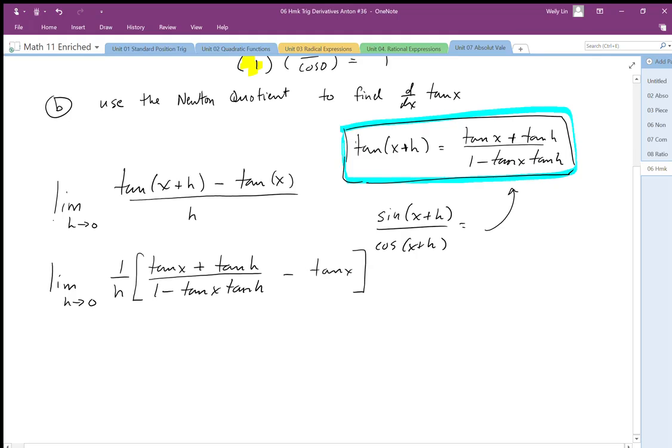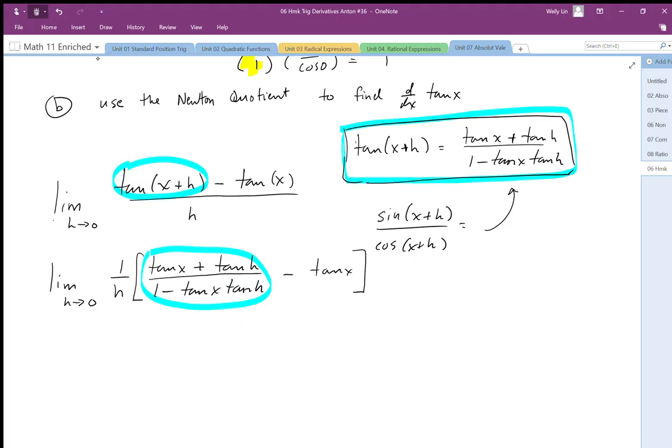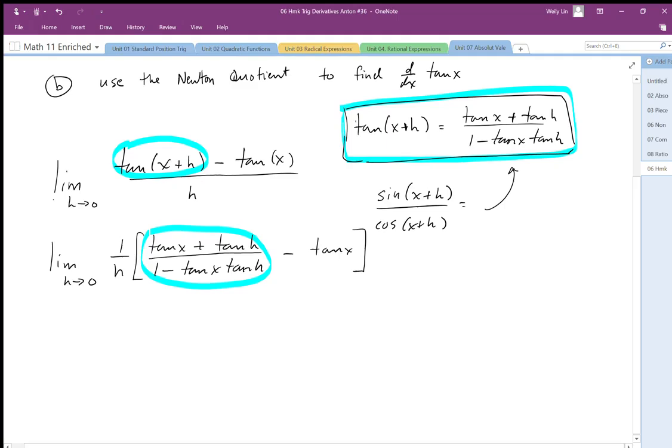So I've replaced my x plus h expression with this equivalent. Again, I don't expect you to know this identity, but you can look it up, or use the alternative identity, and we can still do this problem.